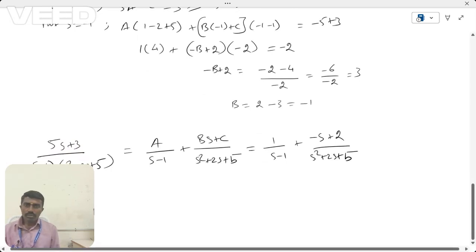Now we want to find L inverse of 5s plus 3 divided by (s minus 1) into (s square plus 2s plus 5).